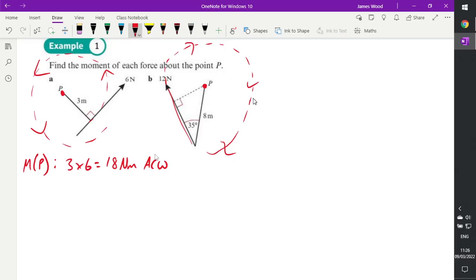I'm going to split the distance up here because you can see from the diagram they've already drawn this dashed line in. So if this is 8 meters and this is 35 degrees, this distance is 8 sine 35 meters. So I can just say that the moment about P here is force times the perpendicular distance of 8 sine 35.